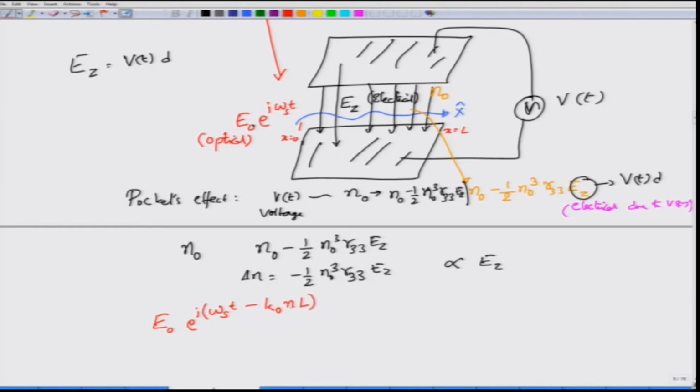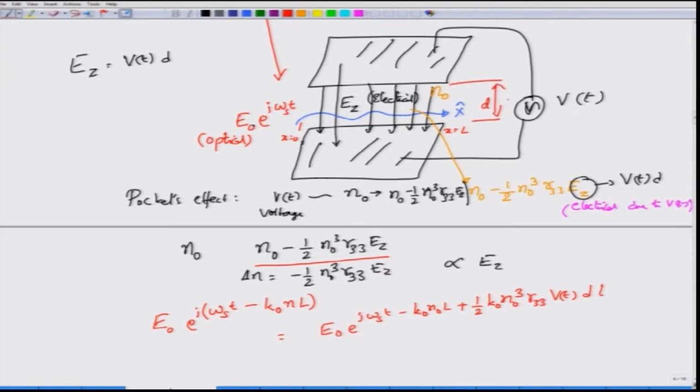N is the refractive index, but I know that the refractive index n is given by N0 minus half this expression, correct. So, I can rewrite this as E0 e power j omega st minus k0 N0 L plus half k0 N0 cube R33 V of t by d into L, where d is the separation between these two plates. Okay.